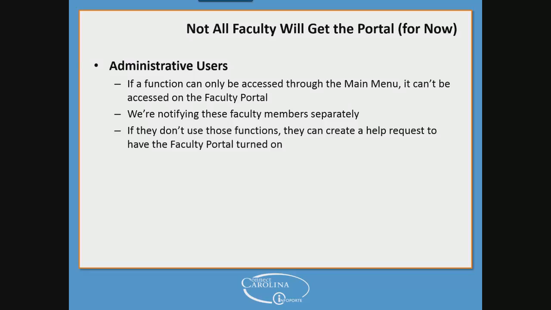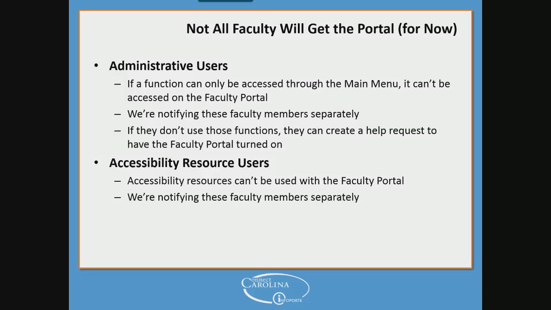They're getting an email just letting them know they have functions that they can only use that way. And they're also being told, this last bullet here, that if they don't use those functions, they can create a help request to have the faculty portal turned on. So if they don't ever go to main menu, for example, then chances are they get to their functionality another way, and they don't have to have it.